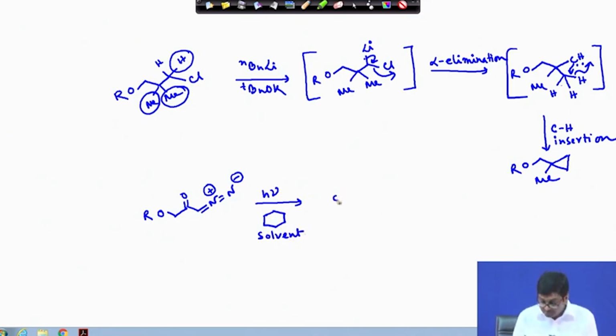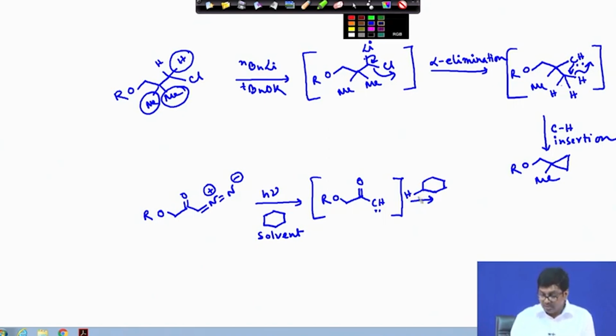this will give the corresponding carbene, and once it forms, it is highly electron deficient. Now, it can nicely insert into a carbon hydrogen bond of cyclohexane. We will draw it in this way.